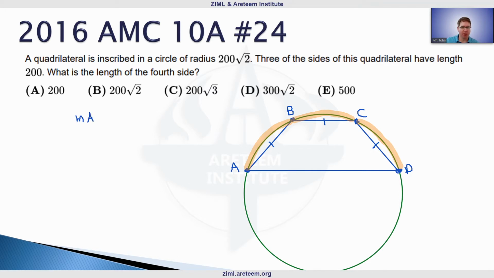So the measure of arc AB is equal to the measure of arc BC is equal to the measure of arc CD. And this is going to turn out to be one of the important pieces of this problem.